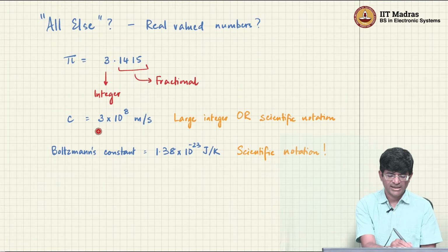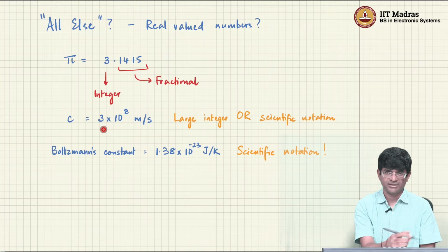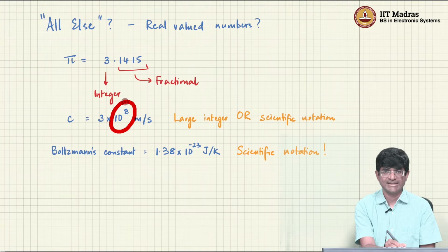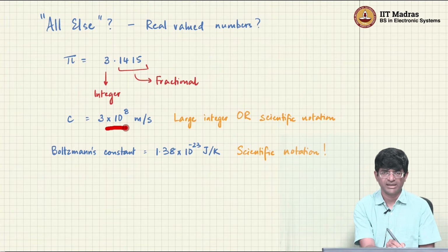It has this number 3, which indicates the significant digits, so to say. But the actual magnitude of the number, how big it is, is indicated by the 10 power 8. That is what gives it its size. 3 by itself is a relatively small number, but when I suffix it with 10 power 8, suddenly it becomes a large number.